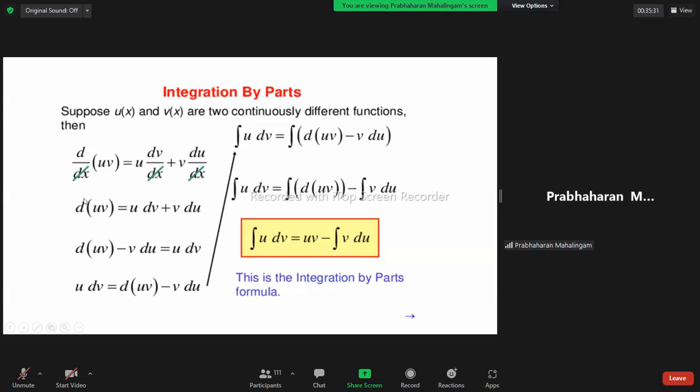Here d is there, integral sign is there, but dx is not there. dv integral, du integral. Which one do you like, you take out one from these two. This one can never be in front.